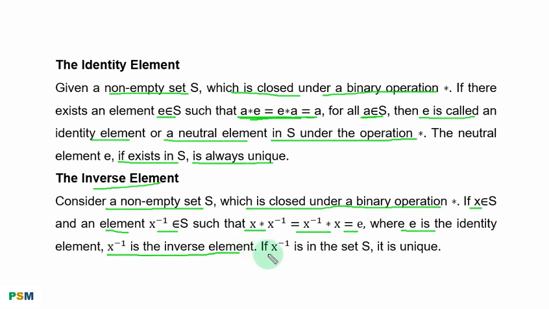If S inverse is in the set S, it is unique. Here also you do a kind of closure property and ensure that it is equal to the identity element.